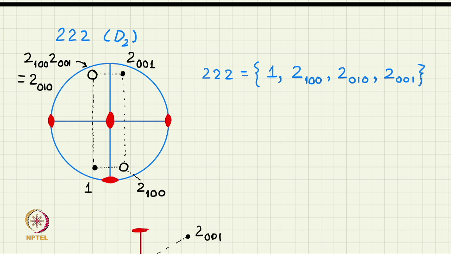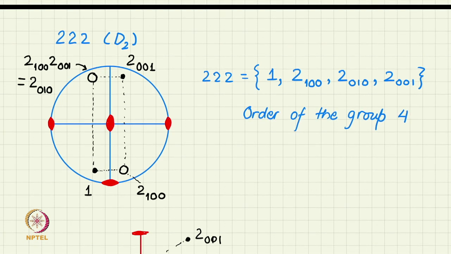So, the 3 twofolds and an identity, 4 operations are there in this group. So, the order of the group is 4. We said that the product of these 2 twofolds, the vertical twofold 001 and the horizontal twofold 100, gives us a new twofold which is perpendicular to both of these, which is the 010.